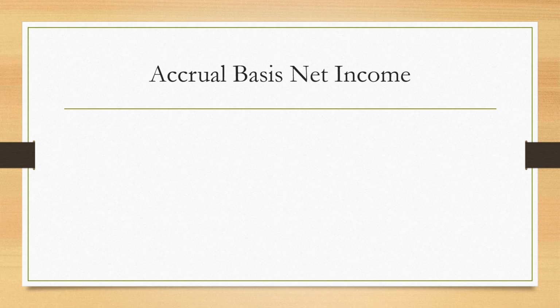So now that we've calculated the net income for the cash basis method, we're now going to get net income per the accrual basis accounting method. So remember that we're going to be using the same formula, which is net income equals total revenues subtracted by total expenses.